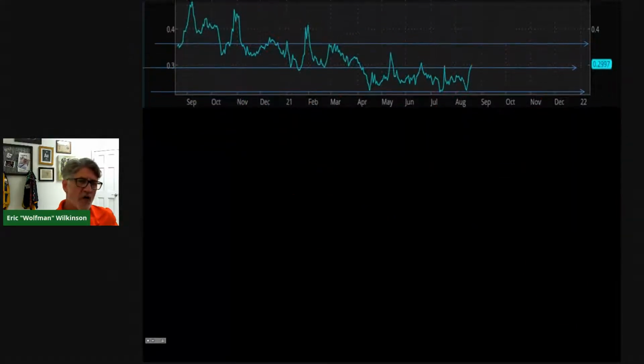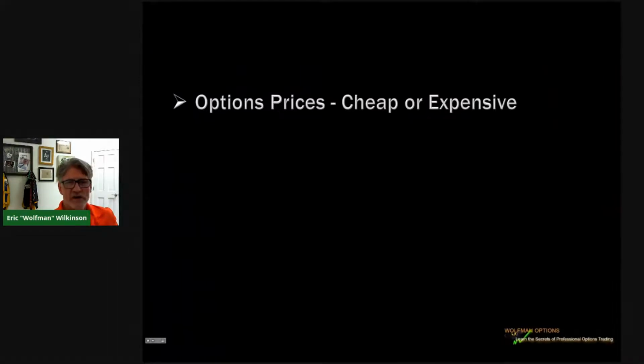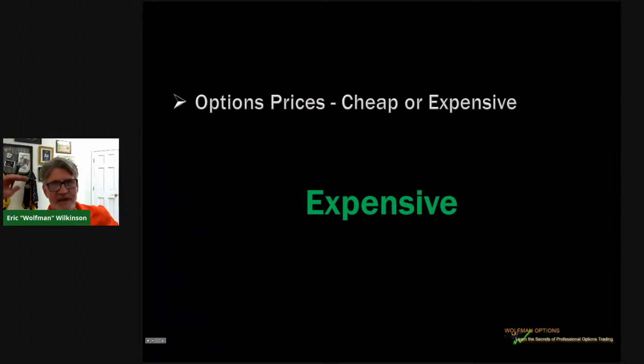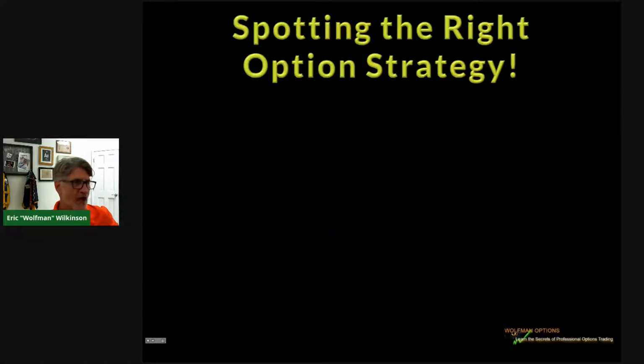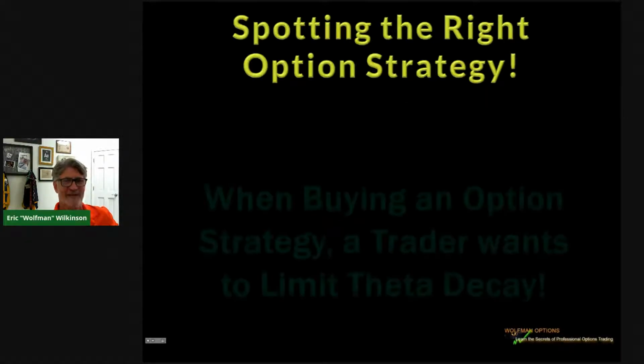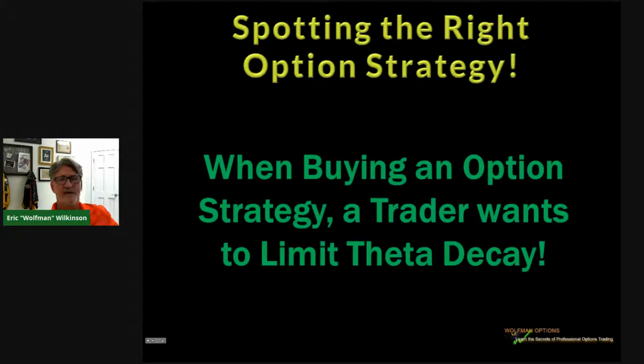All right, so I know that these are expensive options, right? Because I've determined that that volatility coefficient is in the upper band of the range that we've seen, all right? So normally what do I say? Well, if option premiums are cheap, we want to be buying those.